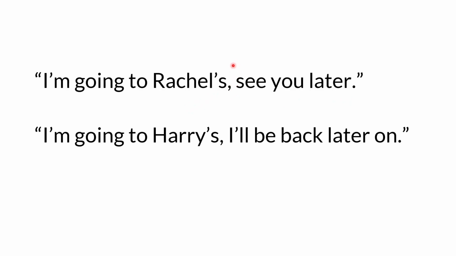We often leave it out if we use the name of the person, and we'll use apostrophe s to indicate we're going to their house. So this is just a way of saying I'm going to Rachel's house, see you later. So we say I'm going to Rachel's, see you later, or I'm going to Harry's, I'll be back later on. Or we might give it time. For example, we might say I'm going to Harry's, I'll be back around 7 or at 8:30.